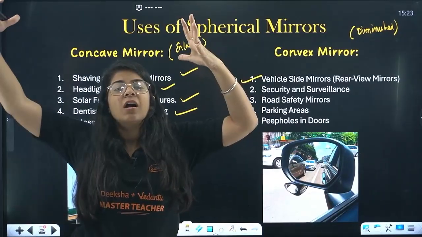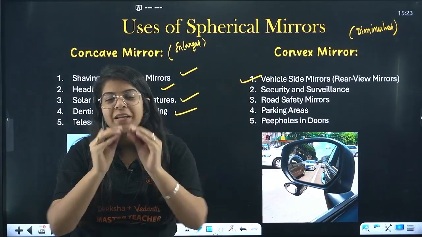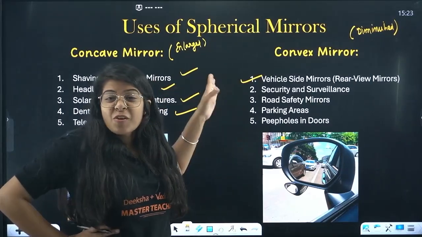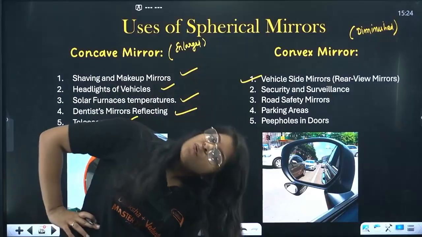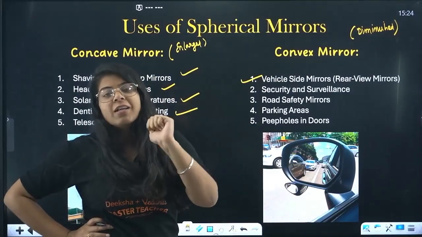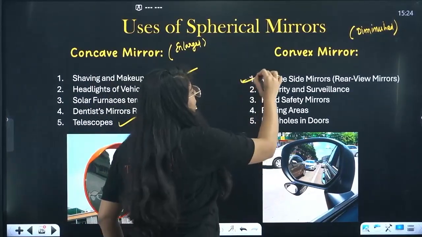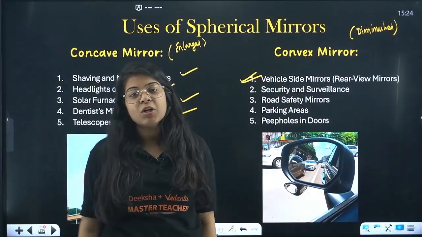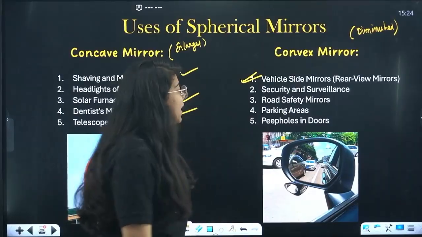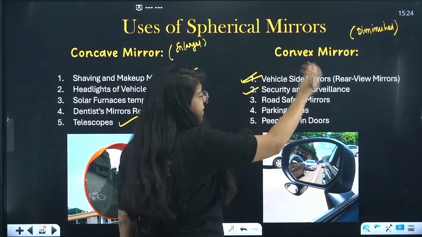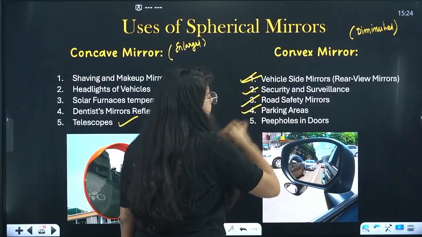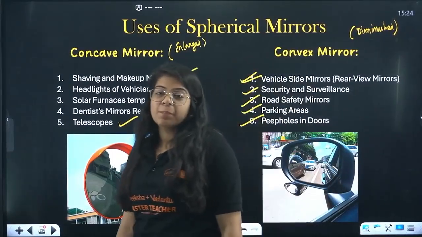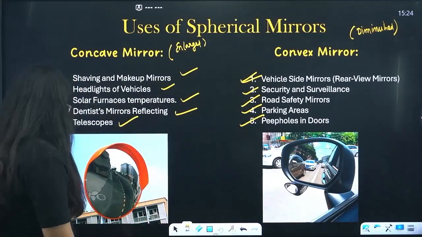That means a big truck can fit into the small mirror, right? But concave mirror also forms a smaller image, but it also forms an inverted image. We don't want to look at an upside down truck, right? We want to look at a straight truck. So this will give you a small image of the bigger truck coming behind you, and that's exactly what you want when you are driving, right? Then security and surveillance, and this has so many applications: road safety mirrors, parking areas, peepholes in doors. So all these are the examples of concave mirror and convex mirror.